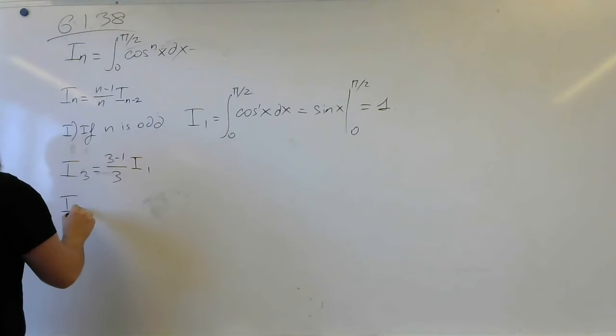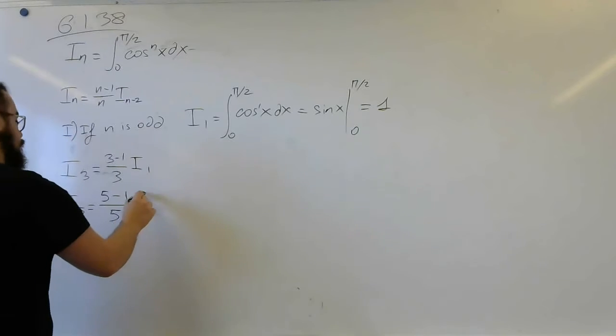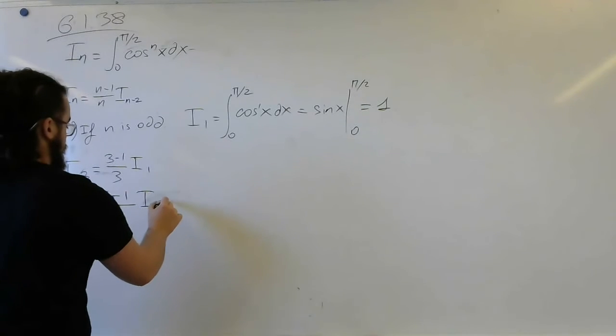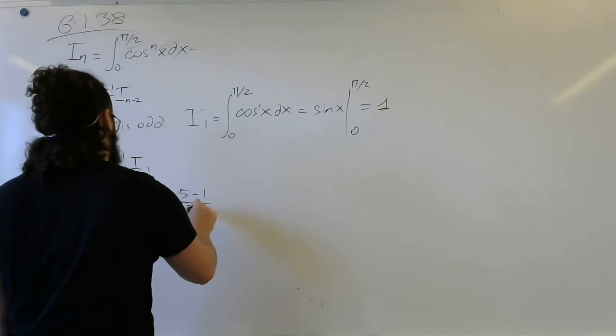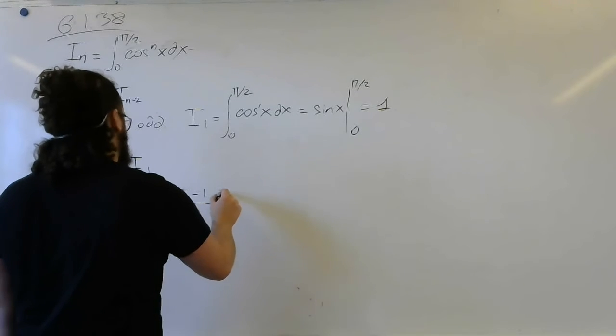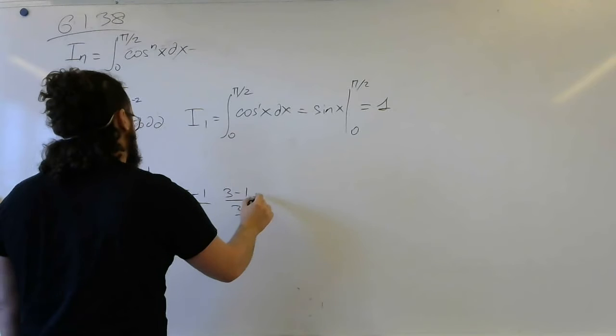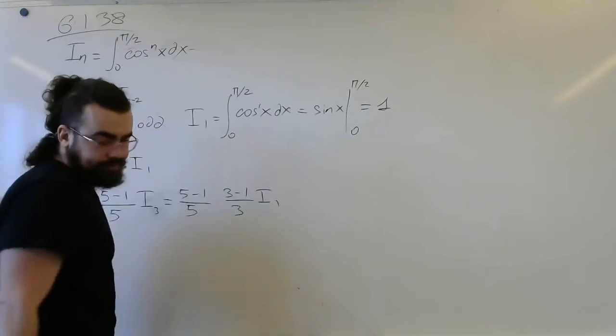I5 is 5 minus 1 over 5 times I3, which is equal to 5 minus 1 over 5 times 3 minus 1 over 3 times I1.